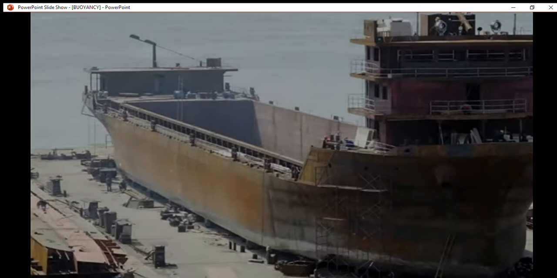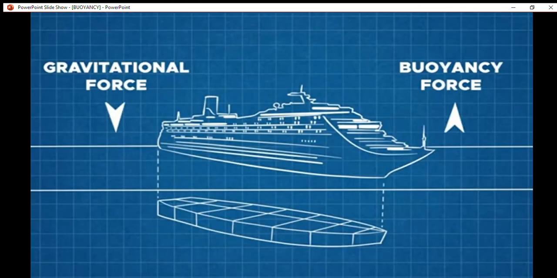When this ship is in water, two forces act upon it. The first one is the gravitational force due to the ship's weight, and the second one is the upward buoyant force equal to the weight of the water displaced by the ship. When buoyant force is equal to or more than the gravitational force, the ship continues to float.